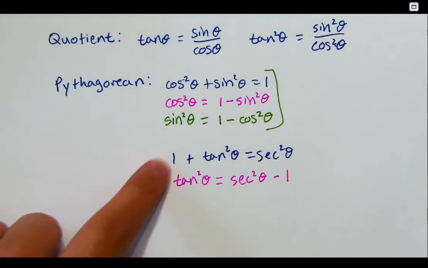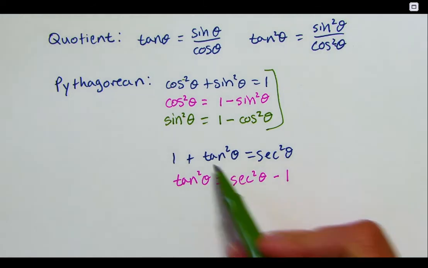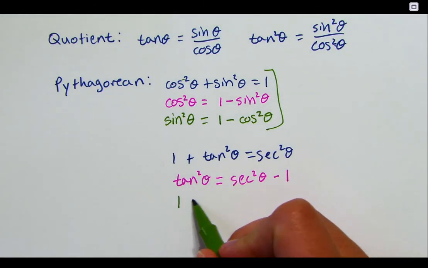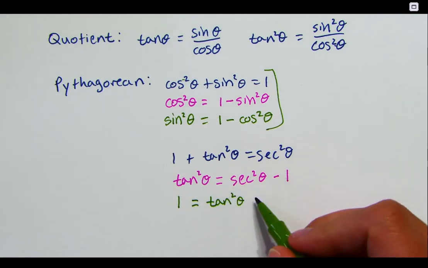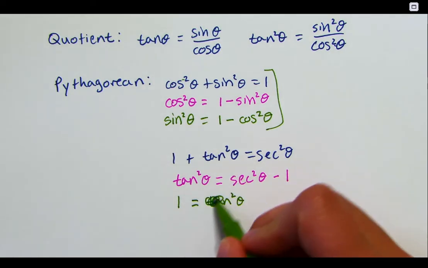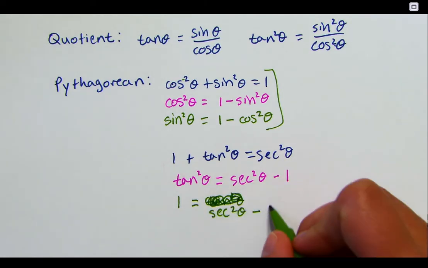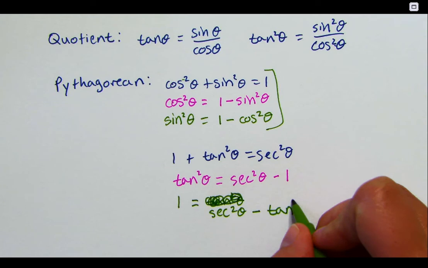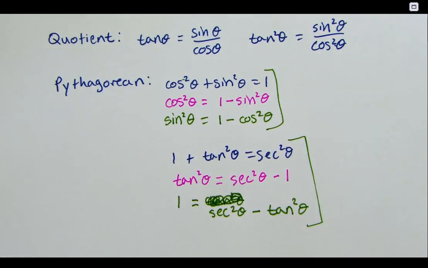It's also true if I wanted to get the 1 by itself, that I can subtract that over. So in this case, 1 can be equal to secant squared theta minus tangent squared theta. Okay, so again, all of these would be equivalent to each other.